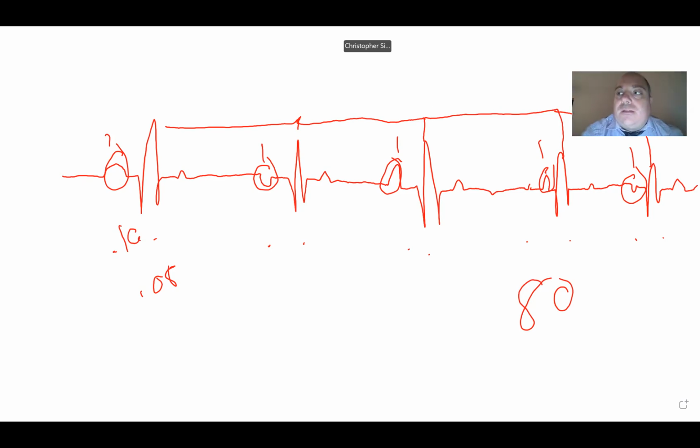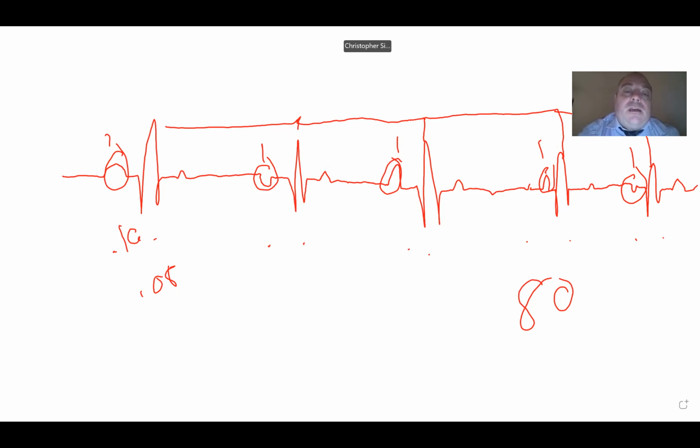P waves are present, P for every QRS, but our P waves have 3 or more different morphologies. That is an important term, okay, because that's going to be pathognomonic for wandering atrial pacemaker and multifocal atrial tachycardia.